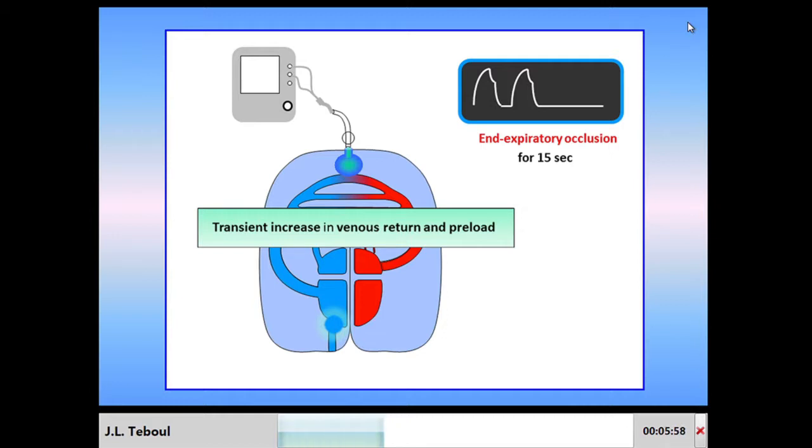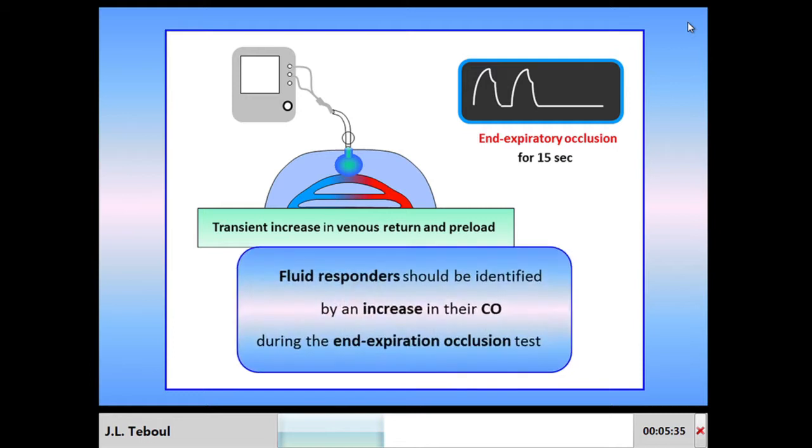And therefore, the heart senses this as an increase in preload, an increase in venous return, and you have just to look at the changes in stroke volume at the end of this maneuver. The duration of this very simple maneuver is only 15 seconds, and you look at the monitor and you look at stroke volume or cardiac output, and you can identify patients who are fluid responsive.